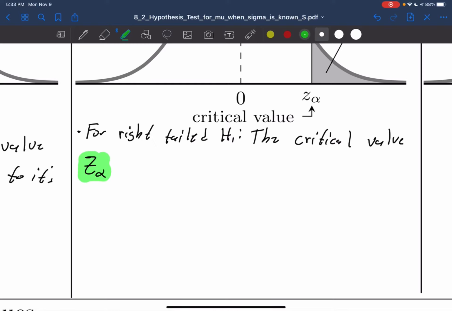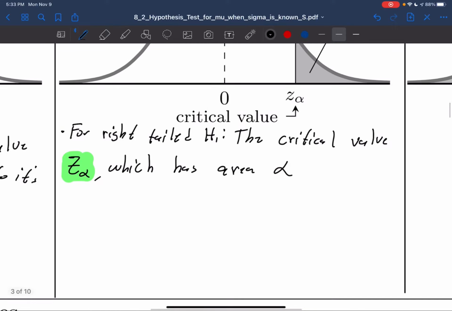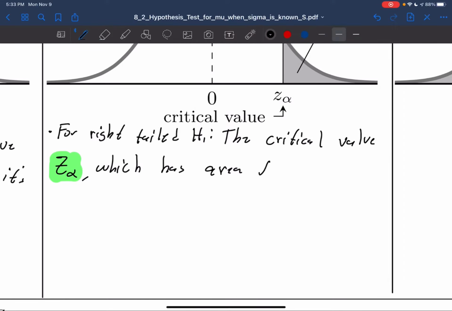So this is our critical value for a right tail test, which has area alpha, whatever alpha is, it's a number, to its right.